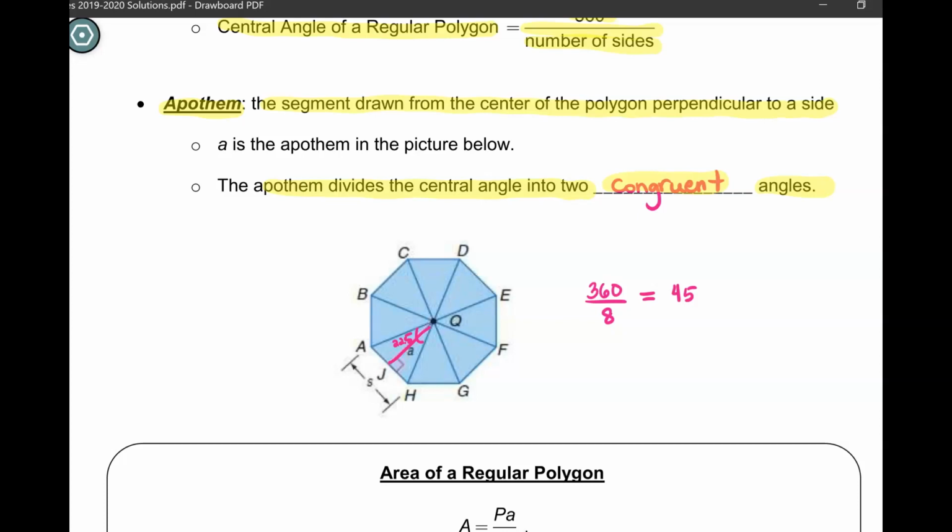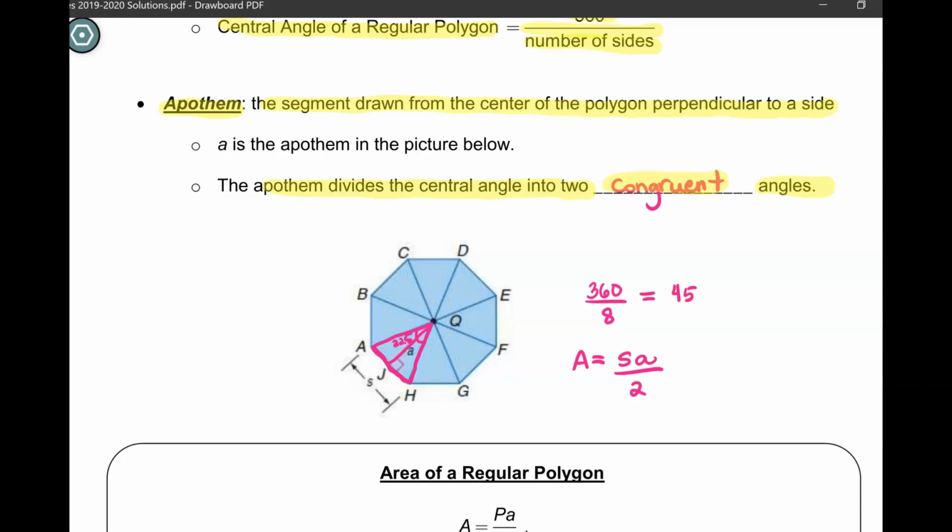Now picture if we wanted to find the area of one triangle. The area of one triangle would be the base, which is labeled as S, representing one side, times the apothem, divided by 2. Now, how many triangles do we have? It depends on how many sides.